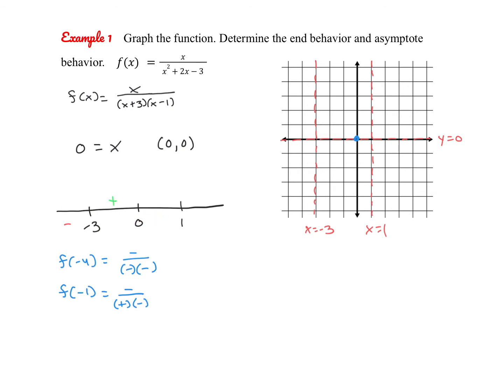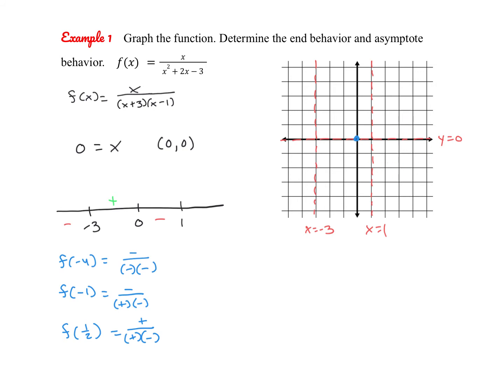Now let's pick somewhere between 0 and 1 to see what's happening. So how about 1/2? So our numerator would be positive. The first factor in the denominator would be positive. The second factor would be negative. So that results in a negative. So we can see that we're actually crossing over from positive to negative at this intercept.